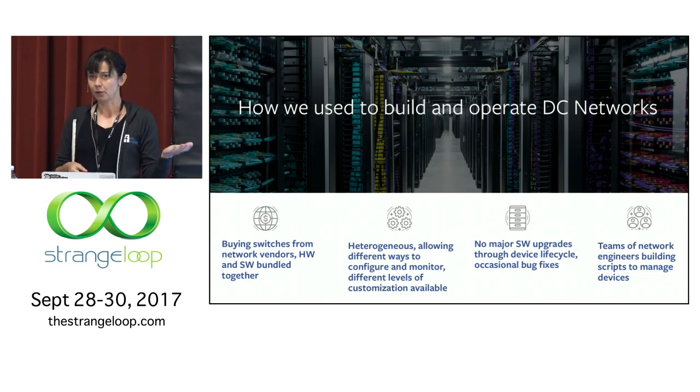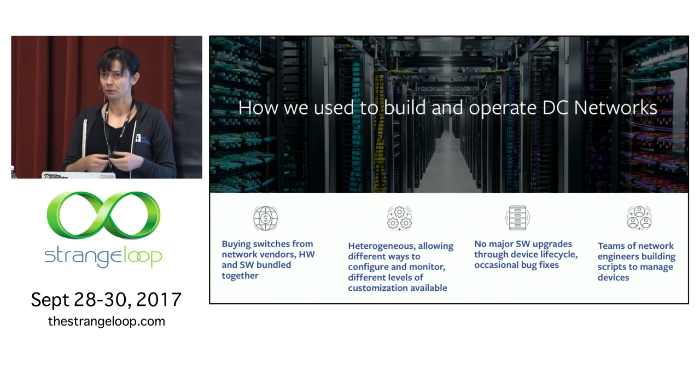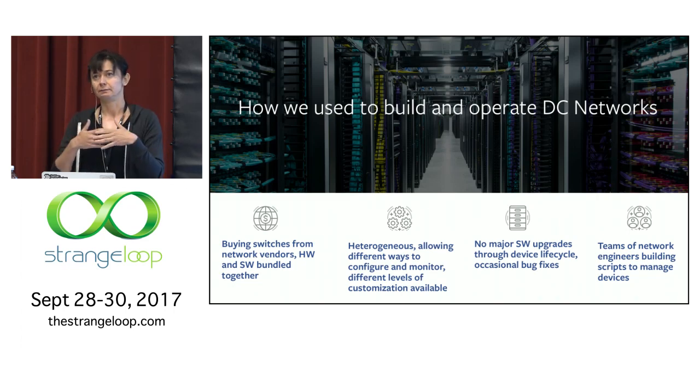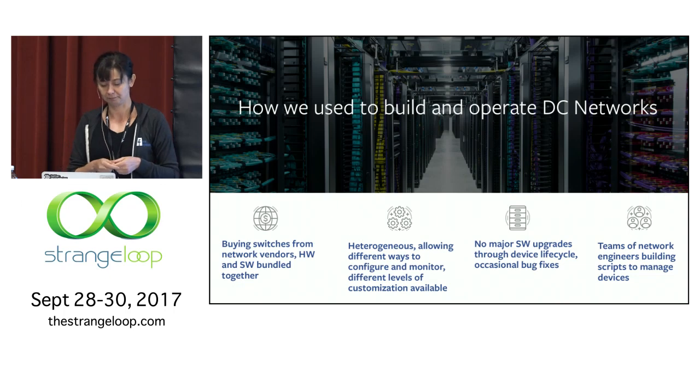What that meant in practice, as we were building and expanding this network, is that our network was very heterogeneous. There were lots of different devices from different vendors and from different generations of those devices as we grew over time.